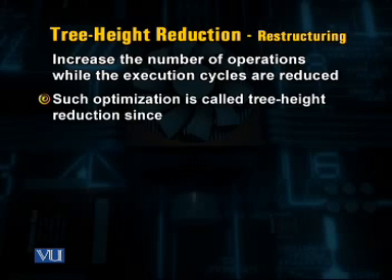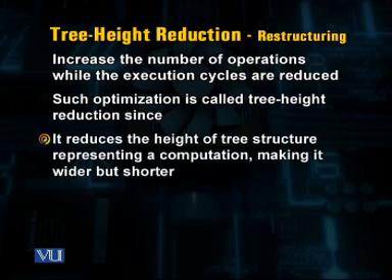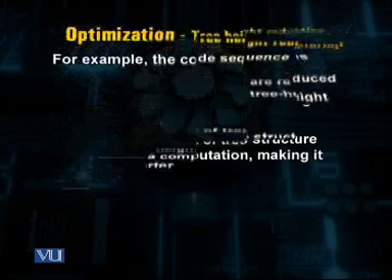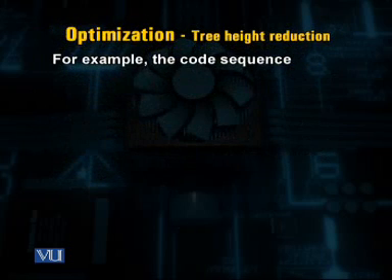Such an optimization is referred to as tree height reduction, because it reduces the height of the tree structure representing a computation, making it wider but shorter. I will discuss this with the help of this example.